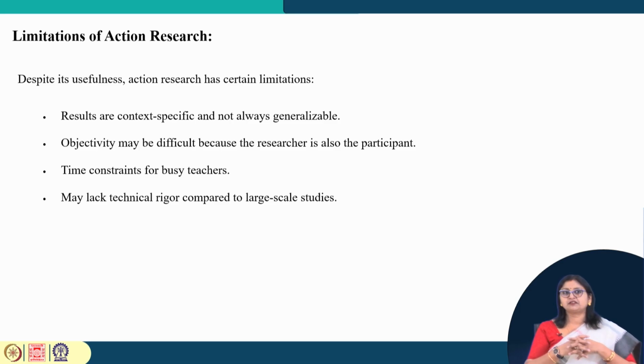Objectivity may be difficult because the researcher is also the participant of that research. The teacher who is conducting the action research is the participant, because he or she is observing and trying to solve his own problem. That is why some kind of bias can come in. So, this is the limitation.